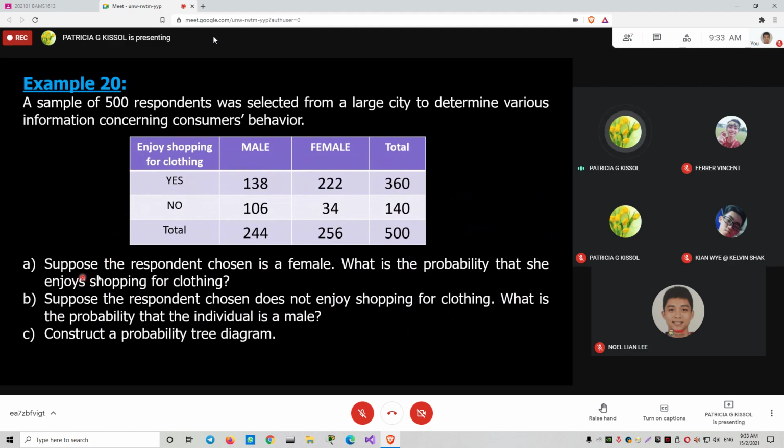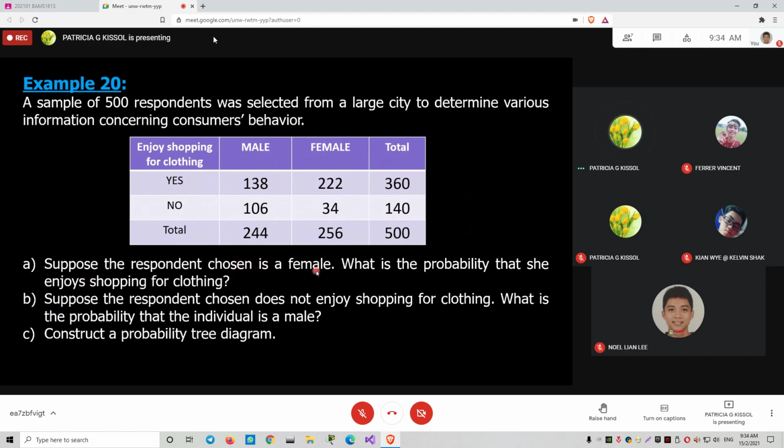Now, the first question is asking, suppose the respondent is a female, what is the probability that she enjoys shopping for clothing? And then part B, suppose the respondent chosen does not enjoy shopping for clothing, what is the probability that the individual is a male? So you see, there is a given case here.